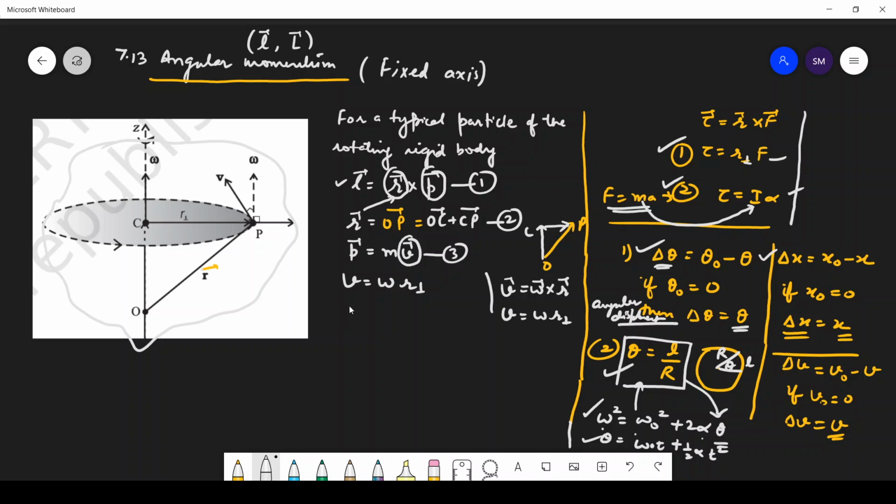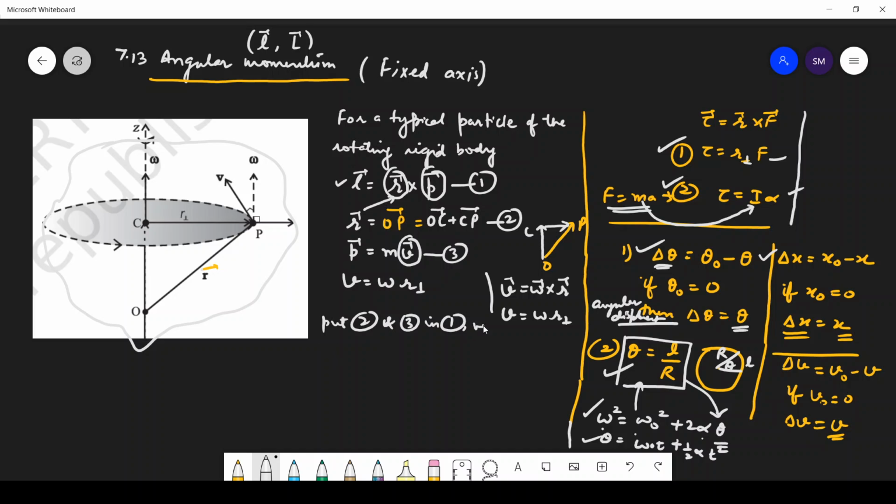Now, putting these values one by one, let us put 2 and 3 in 1. So put second and third in first.